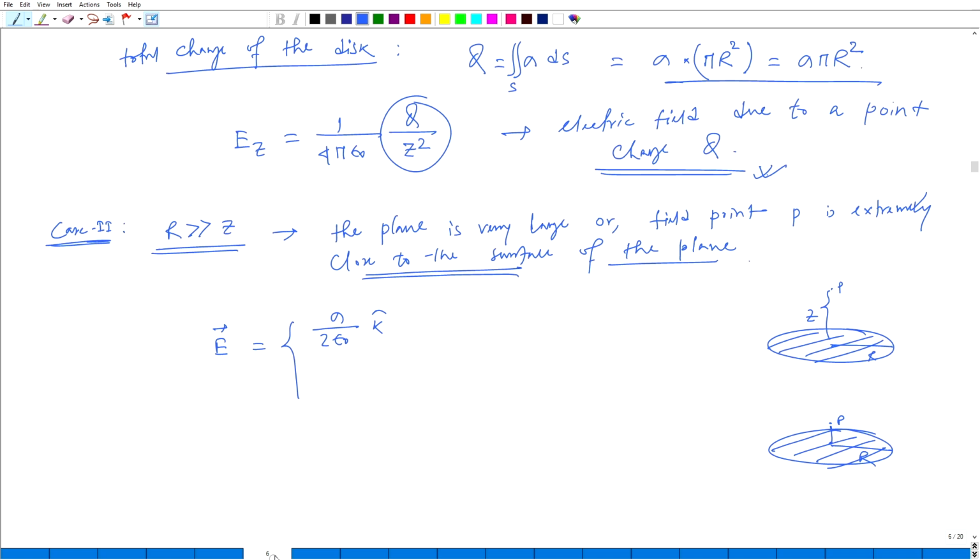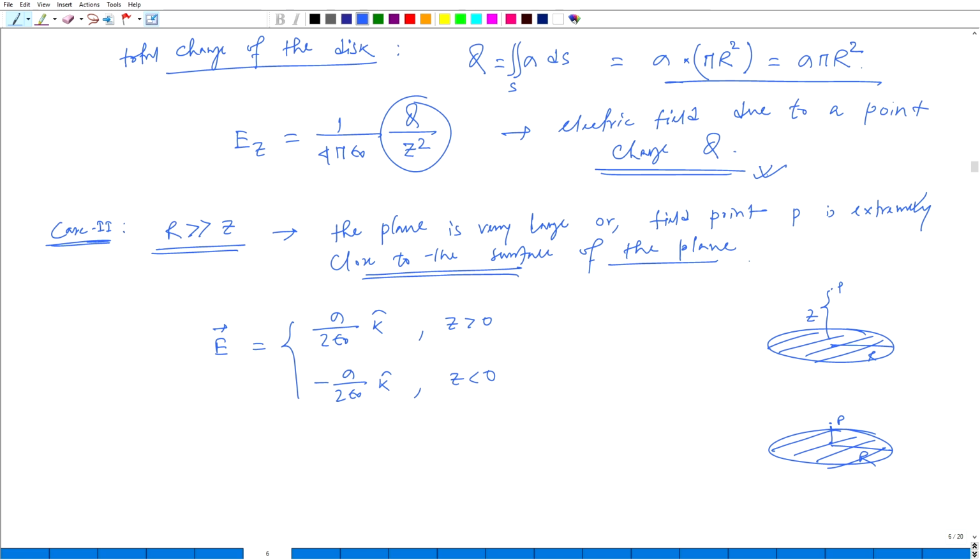This is for z greater than 0, and minus sigma over 2 epsilon naught k cap for z less than 0, so the direction is opposite. The magnitude is sigma over 2 epsilon naught above and below the plane, but the direction is different. Above the plane the electric field points upwards, in the z direction, and below the plane it points downwards, in the minus k cap direction.